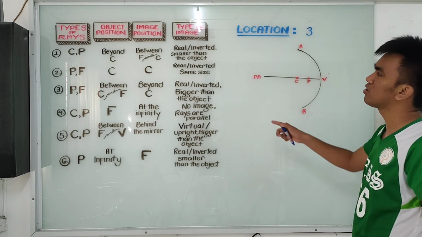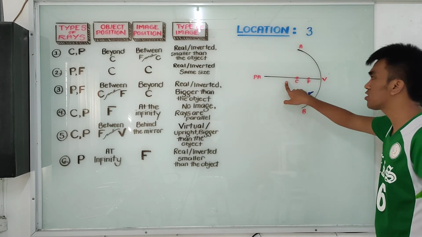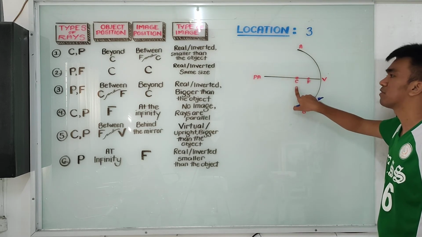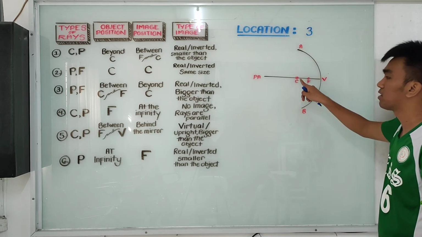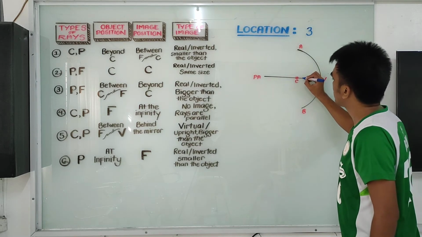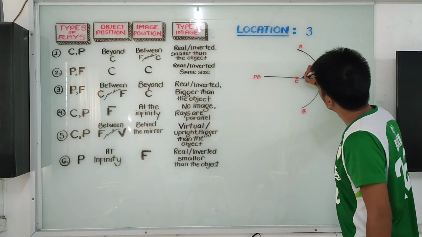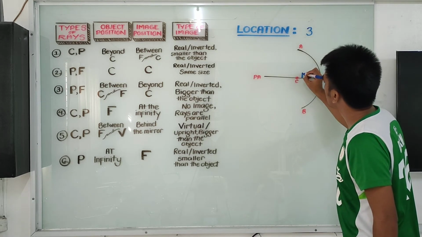So the arrow now, earlier, we've mentioned that in our first location, it's beyond C. Second location, it's located at the center of curvature. And now, it's between C and F. Between center of curvature and focus. So we are going to illustrate an object here.